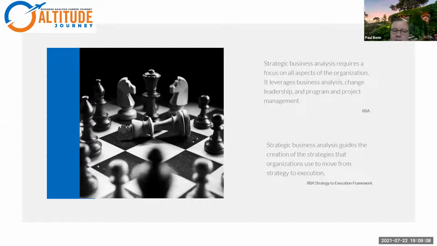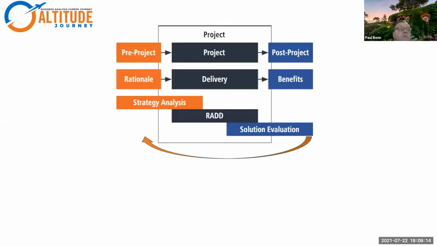So let's unpack it a little bit more and see how that fits in with business analysis. You'll recognize this diagram from the BABOK if you've read it before. As you can see, strategy analysis is pre-project and works its way into the project itself.